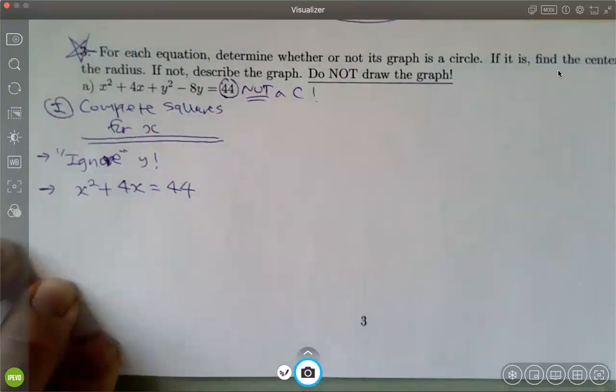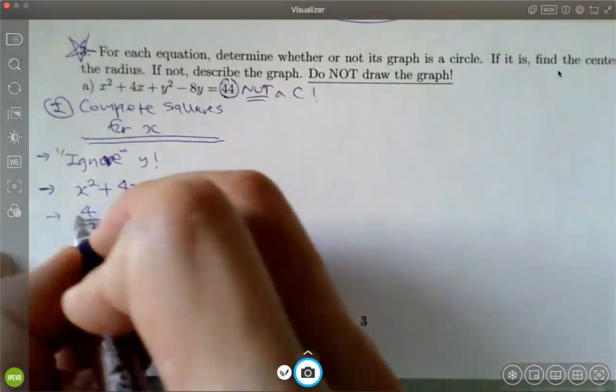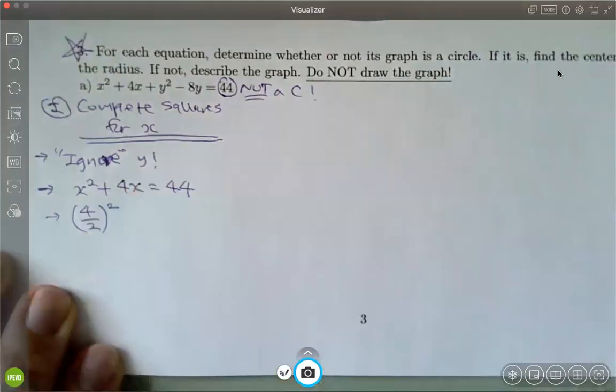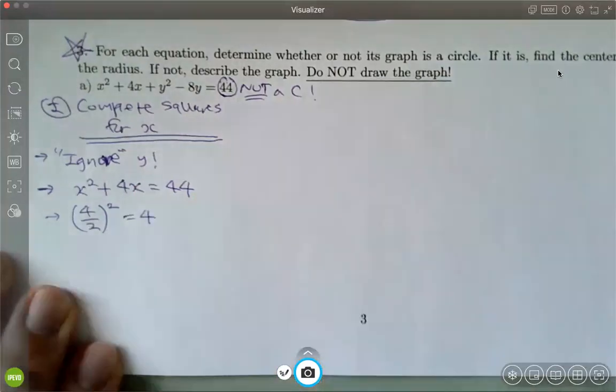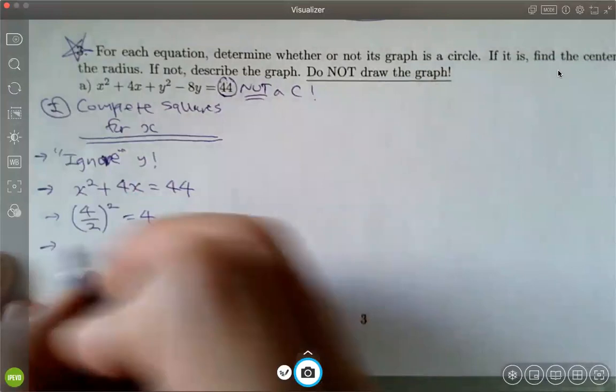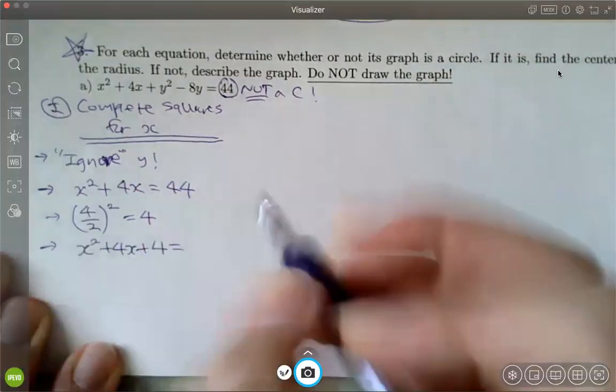You leave it there. We don't subtract, because the number is already on the right-hand side. And now, take the coefficient of x, divide it by 2, and then square it. What's this number equal to? 4, 2 squared. And now you add it to each side. So x squared plus 4x plus 4 is equal to 44 plus 4.